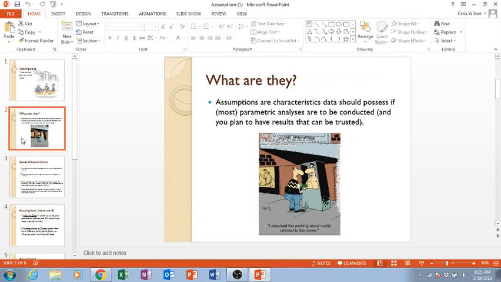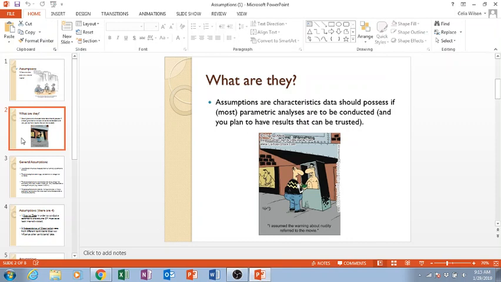Okay? So like it says here, assumptions are characteristics data should possess if parametric analyses are to be conducted and you plan to have results that can be trusted. Parametric analyses are just the ones we've talked about so far. Those are analyses that happen with intervally scaled data.